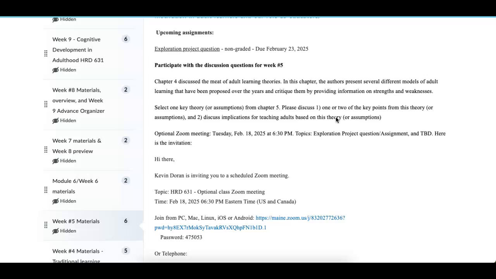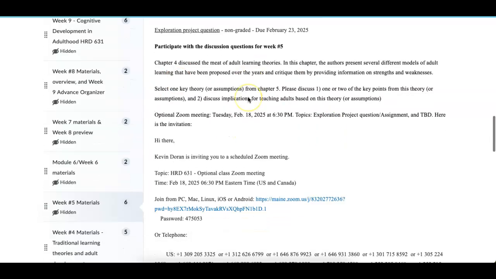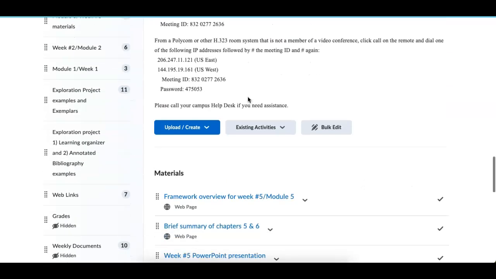I'll talk about the process of this entire assignment, which the first thing is you come up with a topic, and that's the only thing that's due coming up on February 23rd, which is next Sunday. Not a big deal, but I will go into a little more detail and answer any questions that you might have on that and other things.